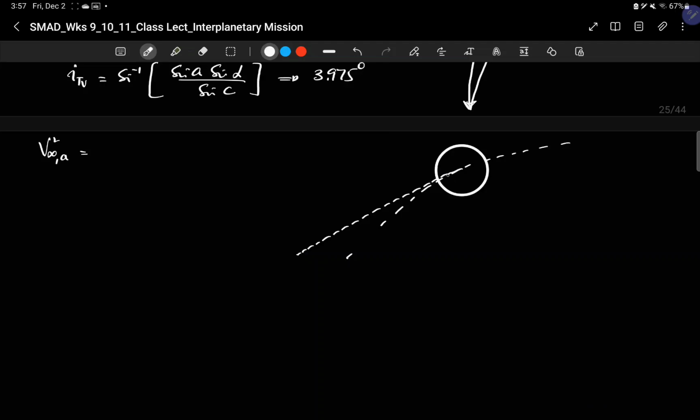If the blue is the trajectory of Venus around the sun, then this would be the velocity of Venus, V of planet with respect to sun. The angle between the two would be the flight path angle. This here is the phi flight path angle of Venus with respect to its own local horizon.